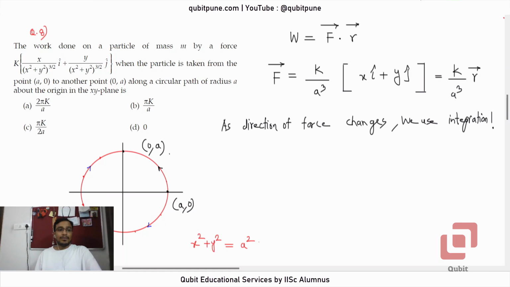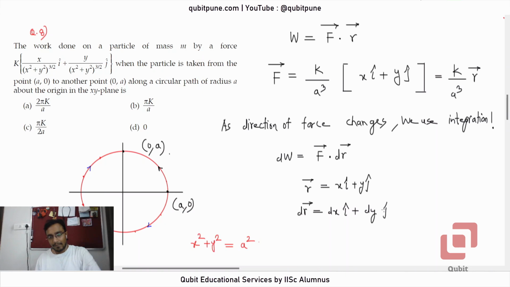So we cannot use F bar dot r bar; we have to first consider dW as F bar dot dr bar. Now, if r bar is x i cap plus y j cap, what will be dr bar? Can I say that it is dx i cap plus dy j cap?